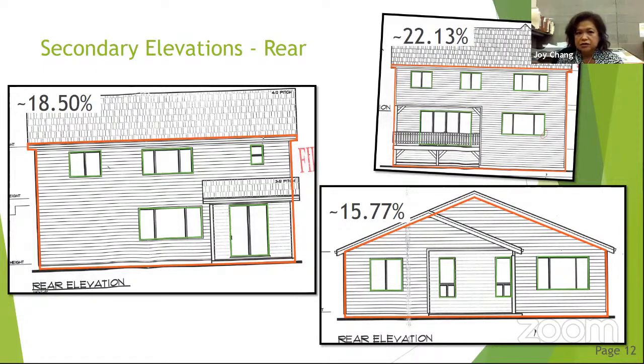We've also considered those as elevations having to be satisfied. We consider those as secondary elevations that need some type of treatment. So the key is public right of way or public access way.